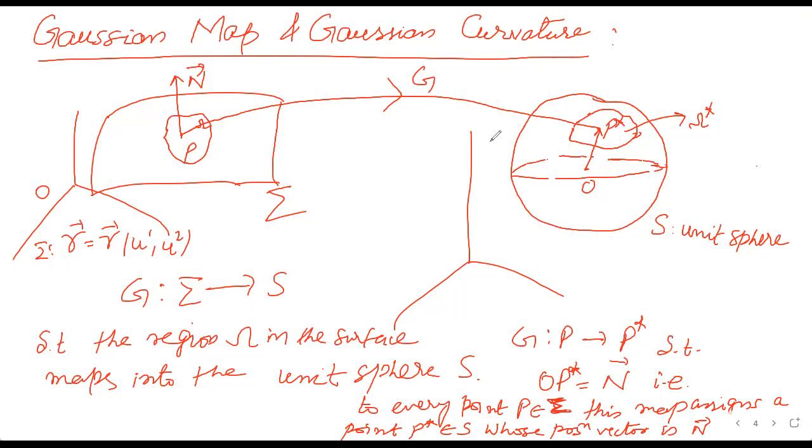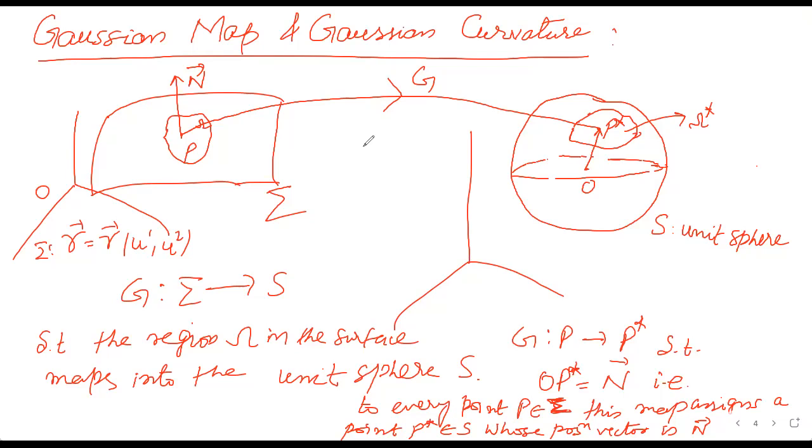So you are seeing the points. What is the image of the point P on the sphere? Something is kept on your plane, and you picked it up and moved it to the unit sphere. So when we moved it to the unit sphere, we saw that this special map is such that the normal of your surface at point P should be the position vector OP star of the point P star. That map is the Gaussian map.